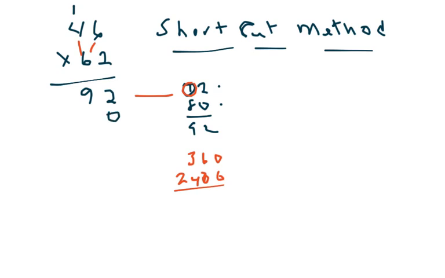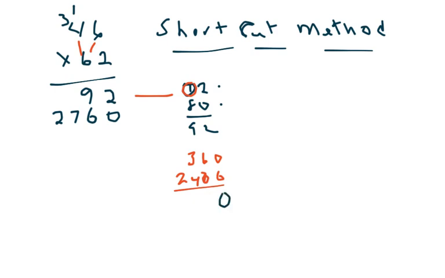So 60 times 6, 6 times 6 is 36, put the 6 down, carry the 3 tens over. 6 times 4 is 24, and then add 3, 24 and 3 is 27. There. Okay, so now we add these up and let me show you.